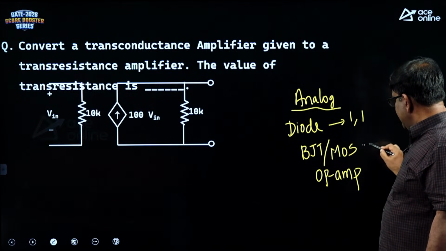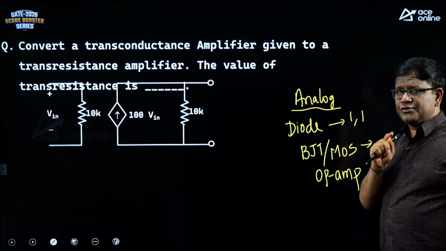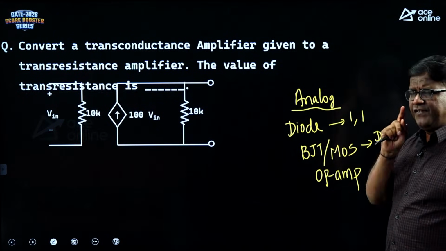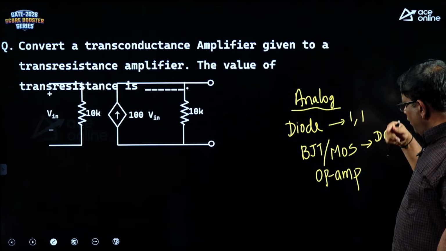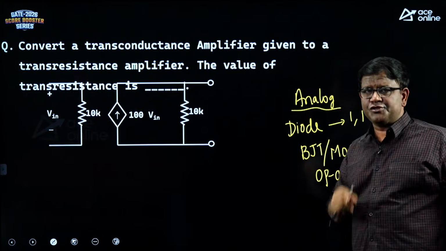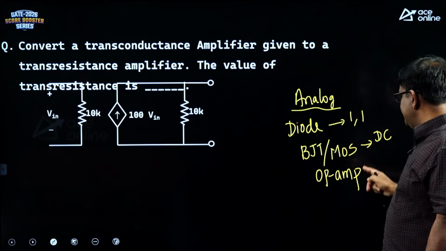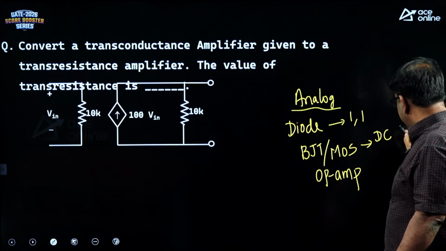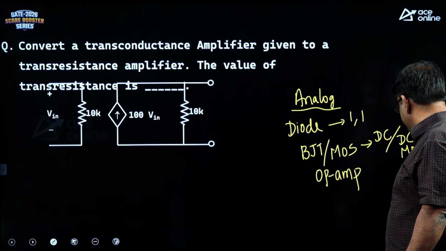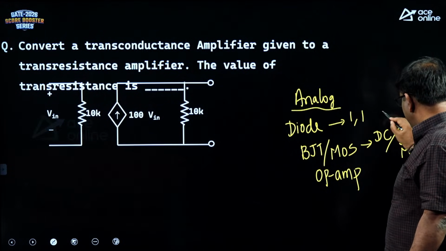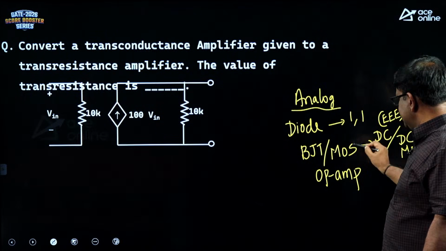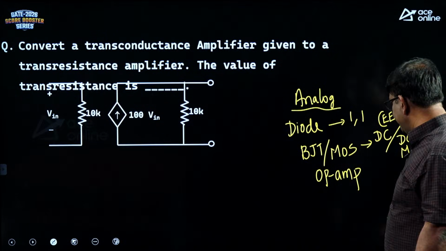In BJT for electrical students, DC analysis pakka you are going to get, every year one question will be there. For EC students it is an option, but for electrical students and instrumentation, DC analysis in BJT is pakka. DC analysis in MOSFET is 100% for EC students. But for triple E and instrumentation, DC analysis in BJT pakka you are going to get.